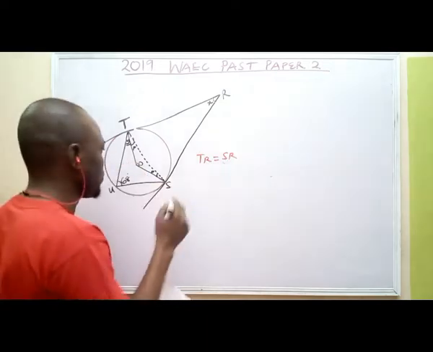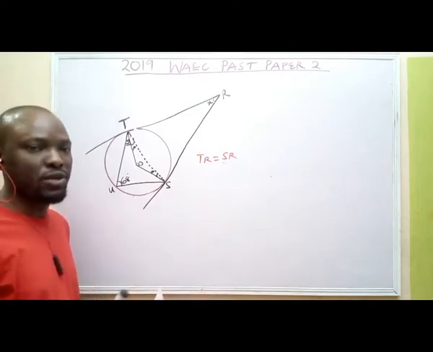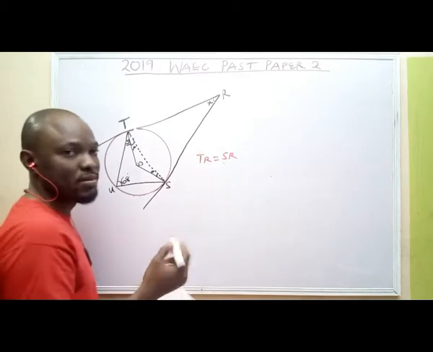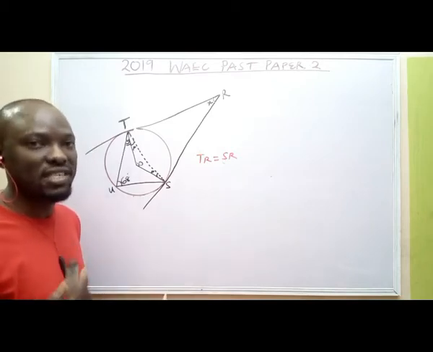I want you to remember, you can go and check my video on circle theorems. One of the theorems says that the angle which an arc subtends at the center is twice that at the circumference.